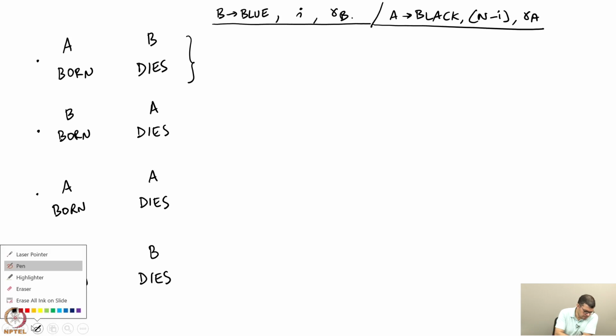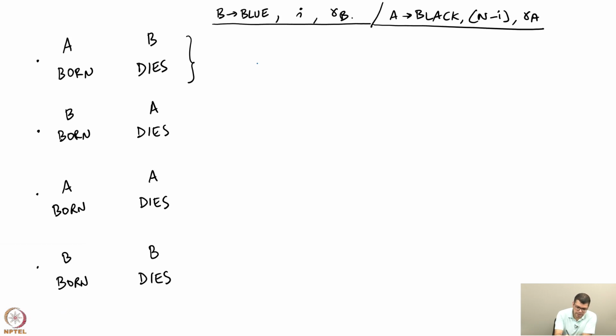We are interested in the probability that B is going to die, that the individual that is washed away from the reactor is going to be a B type individual. Now, if there are I individuals of B type from a total of n, the chance that a B type individual is going to get washed away is simply equal to I upon n, because in a chemostat, let me draw the chemostat here again.